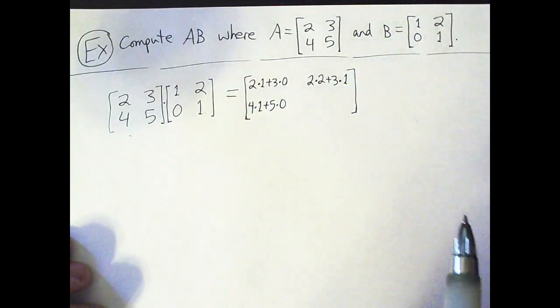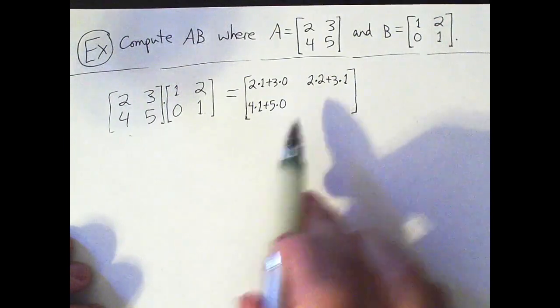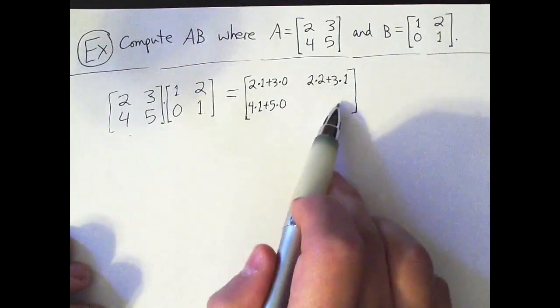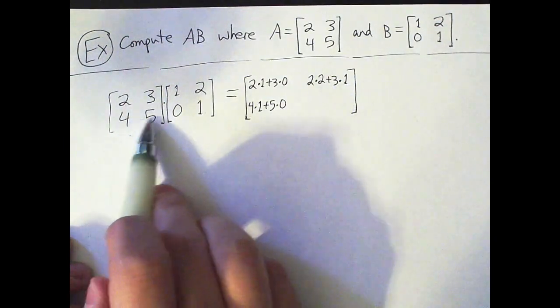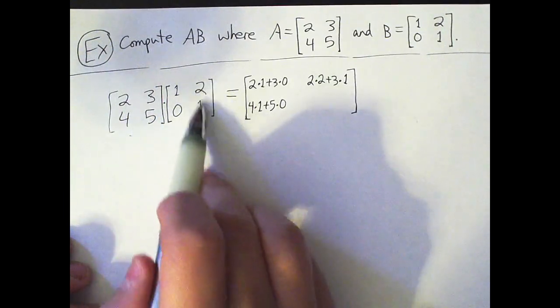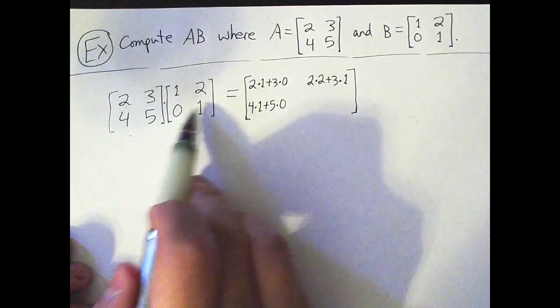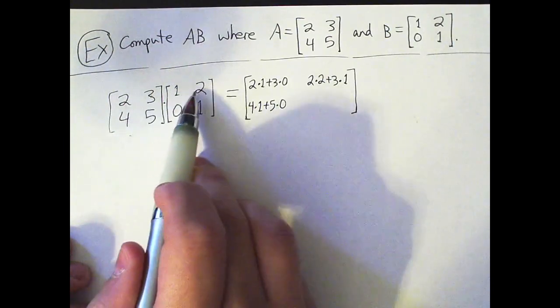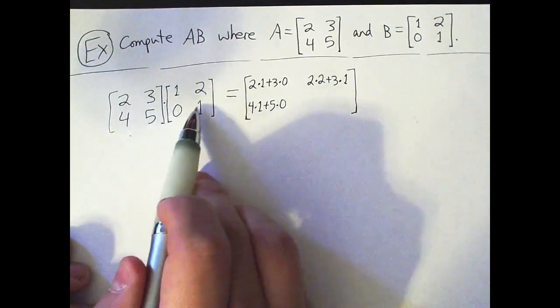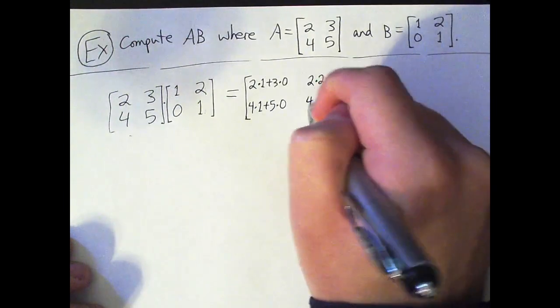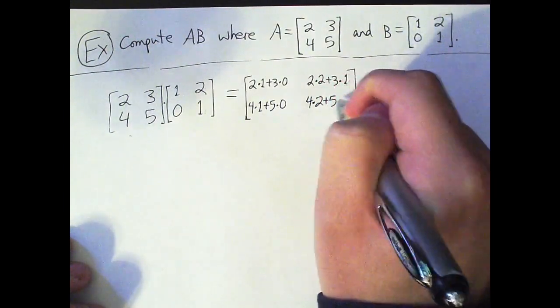And for the last one, we're in row 2, column 2. So we're going to look at row 2 of A, column 2 of B. So 4, 5, and 2, 1. So it's going to be 4 times 2 plus 5 times 1.